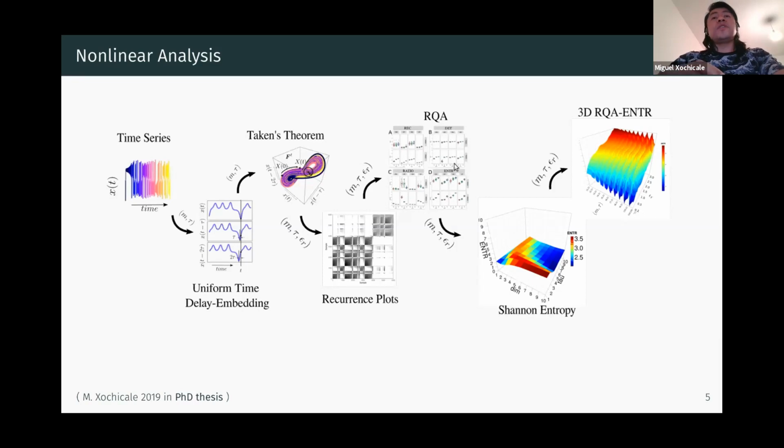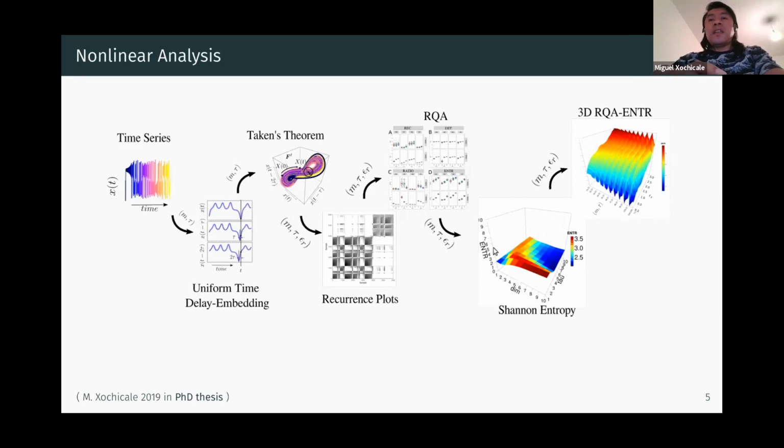With that, you have different metrics, like the number of black dots that you see in the recurrence plots, or the ratio between the black dots and dead values. Another important value for this work is the Shannon entropy of the recurrence plots, which relates to the complexity measurements of the signal, based on the activities we ask participants to perform.